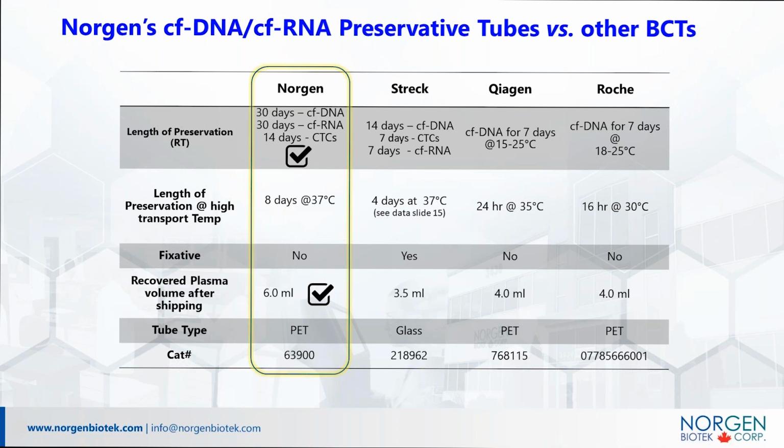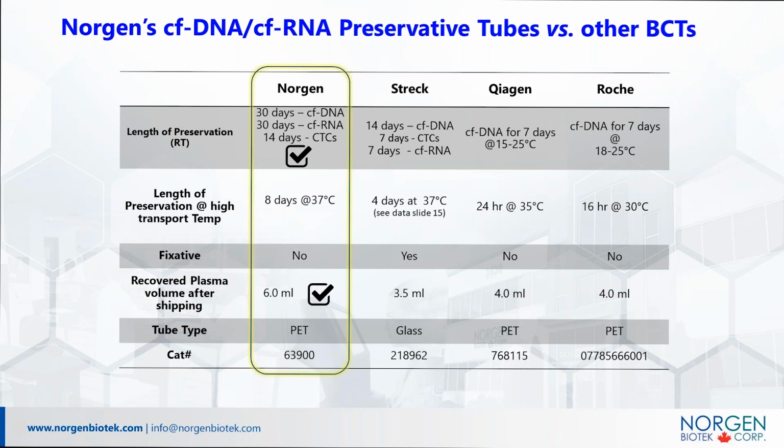Also, one of the most important features is the recovery of the plasma volume, which we recover approximately 6 to 7 ml without losing this volume during shipping, and I'll discuss this in details later.